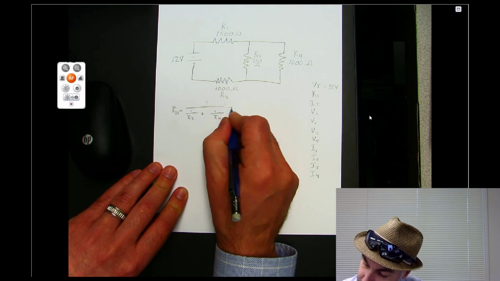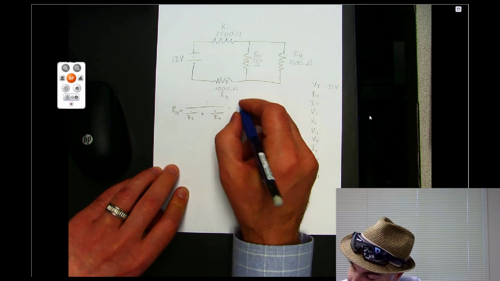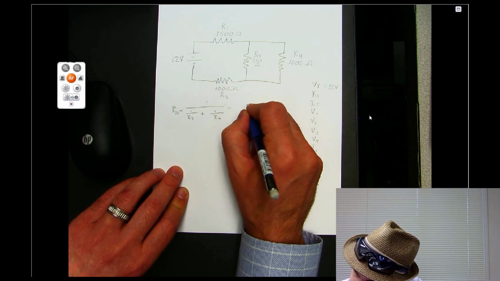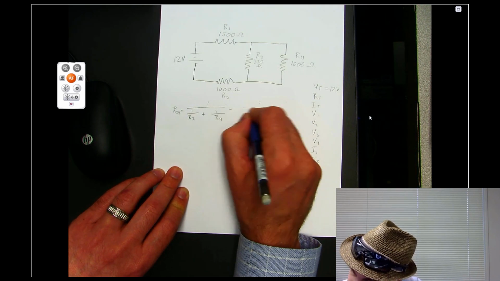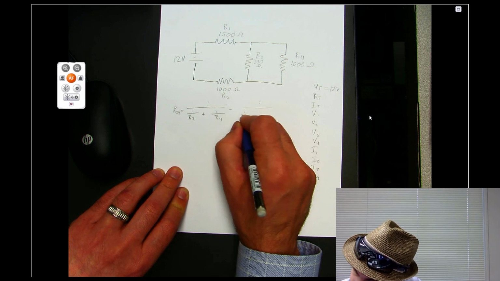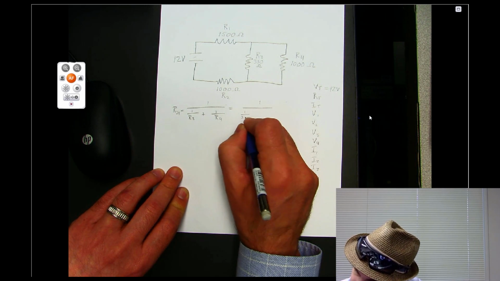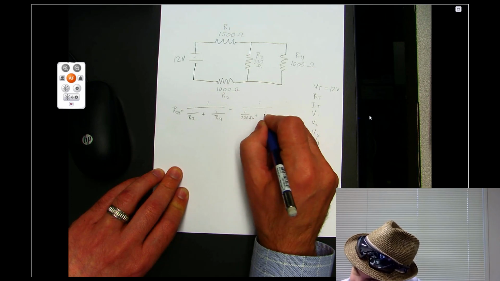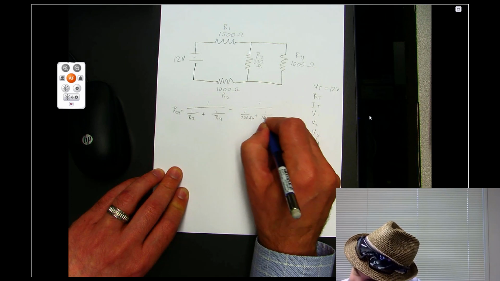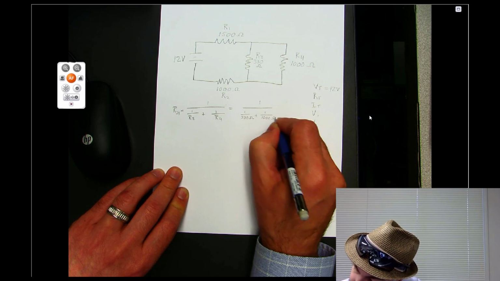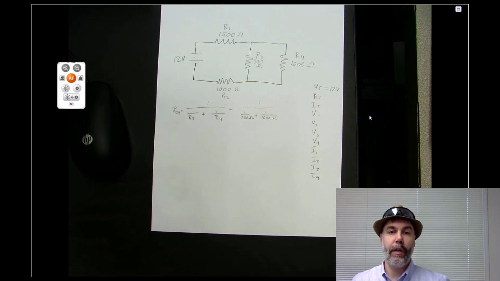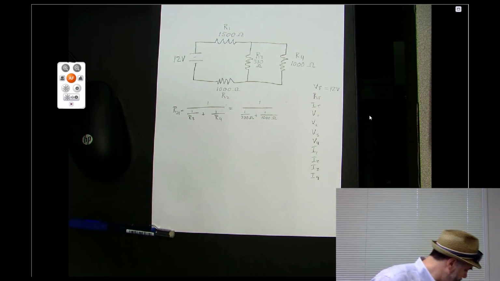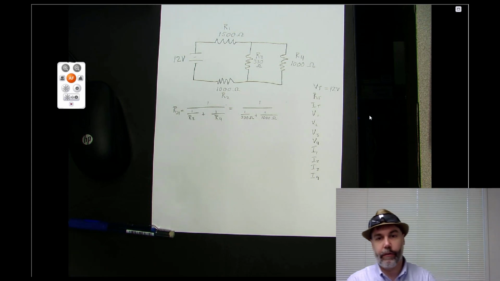Okay? Then I would say that's 1 over 330 ohms plus 1 over 1,000 ohms. Okay? And then I would get out my calculator.